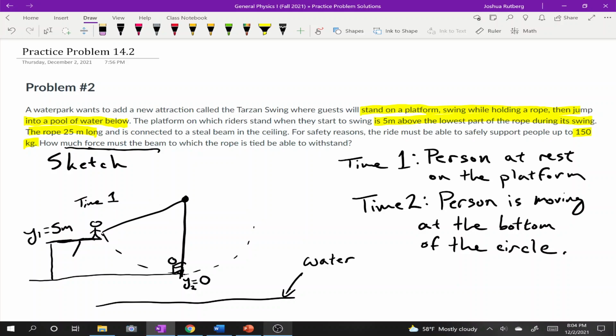But at that point I'm just adding more terms to my equations that don't need to be there. So I'm going to leave this as my y0. Remember, I'm always free to pick where my height of 0 is for myself. We are told that the maximum mass of the person is going to be 150 kilograms.